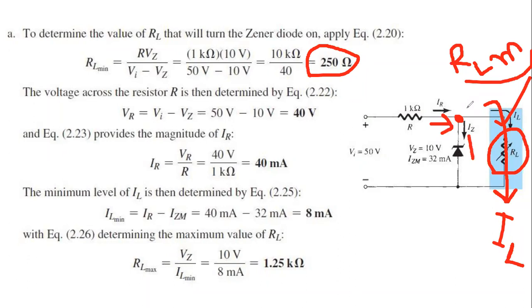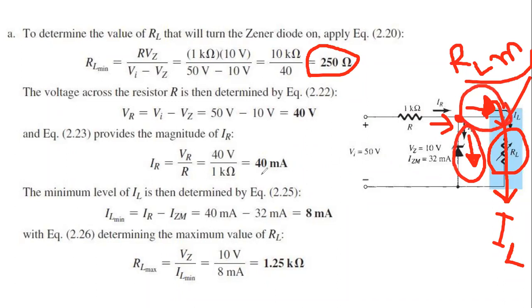One is across this path, another one is IL. So when the maximum current will be across the Zener diode, we can say that the minimum current will go to the RL, isn't it? Is it clear? Because there are only two paths. When the maximum is going in this direction, the minimum will go in that direction.